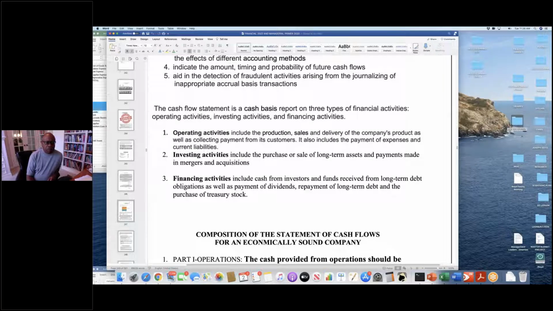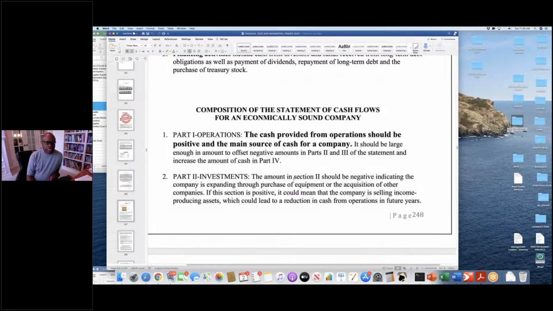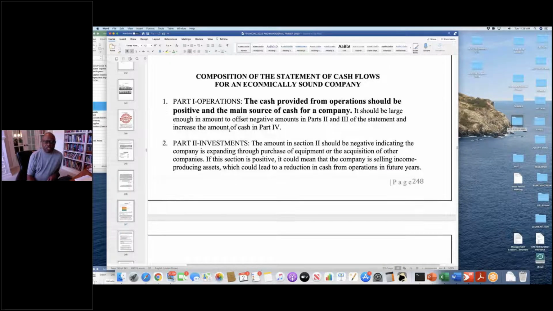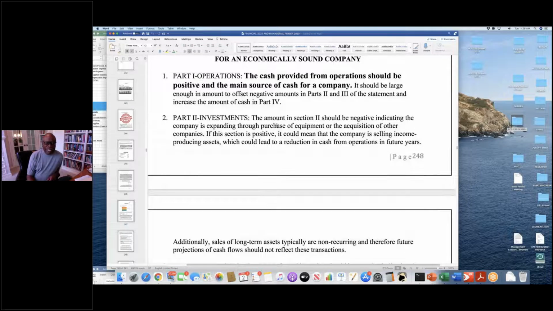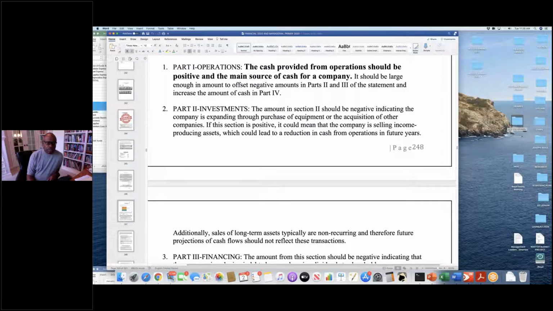And so, once again, the parts of the cash flow statement: operations. This is where the cash is supposed to come from. This is like salary. Macy's is supposed to make money selling shoes. Investment, we want Macy's, GameStop to be expanding and creating more stores, not selling stores for cash.